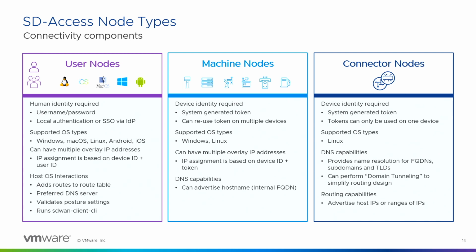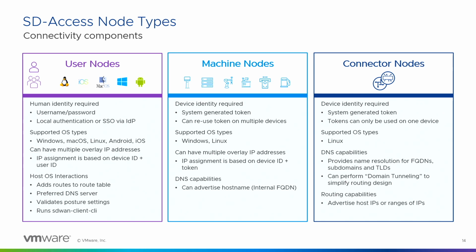The user nodes are the ones where you install the application directly on end user devices, your tablets, smartphones, or laptops, and they authenticate with a username and password, or with SSO if you integrate with IDP. Supported operating systems are Windows, Mac OS, Android, iOS, and Linux.